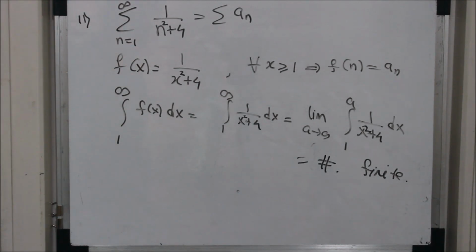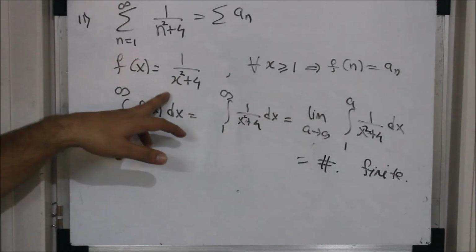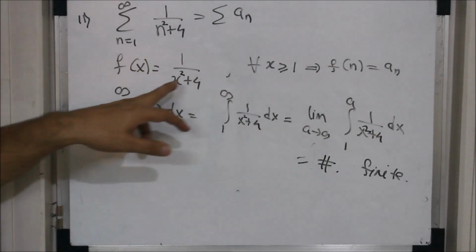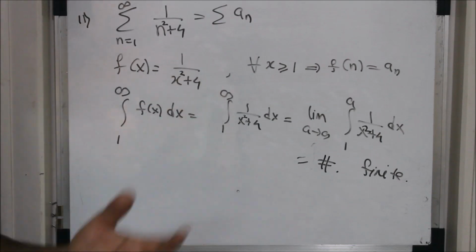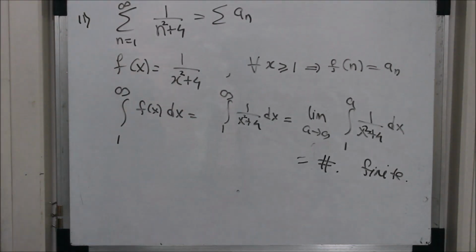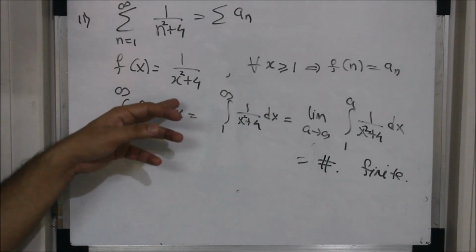You need to check that your function is satisfying all the conditions, right? This is fine. When I replace x by n, I am getting the terms of the series. Is your function positive? Yes. Ratio of 2 positive is positive. Is your function continuous? Yes. 1 is continuous. x square plus 4 is continuous. So ratio of continuous functions is continuous. Is it decreasing? Yes. You take the derivative.